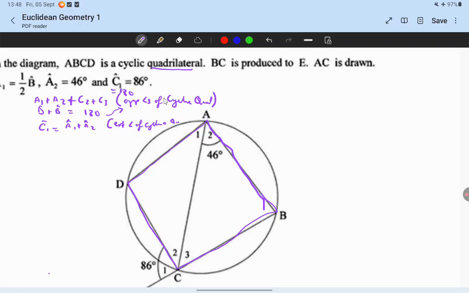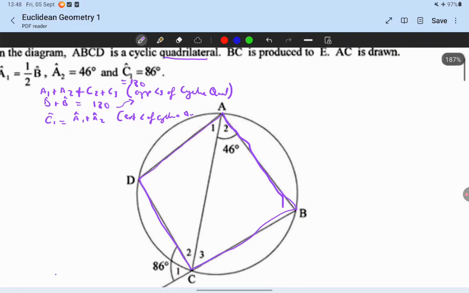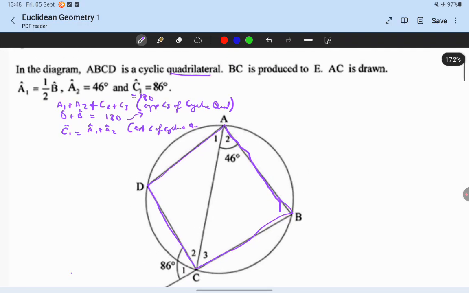Whatever they give in this information is very, very important. So you just place it aside on a rough paper or scribbler, then you can be checking everything from that. Already you can see that this angle that is outside must be equivalent to this whole angle.